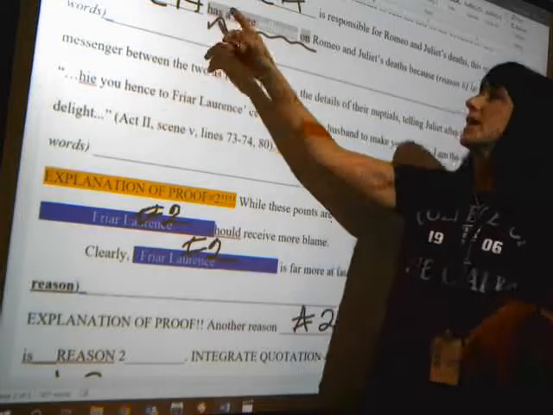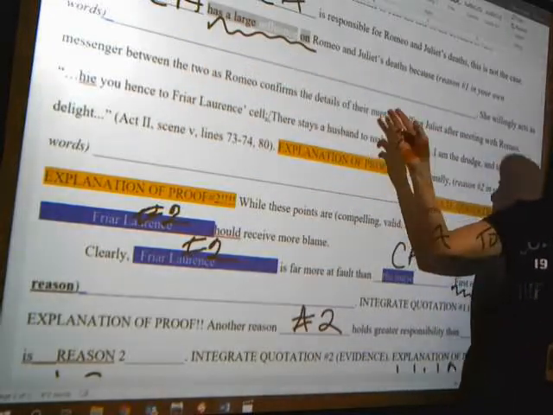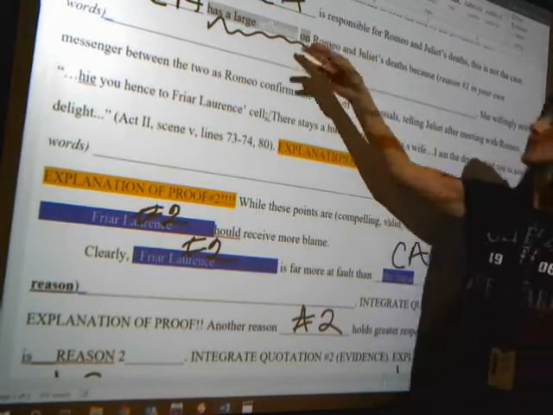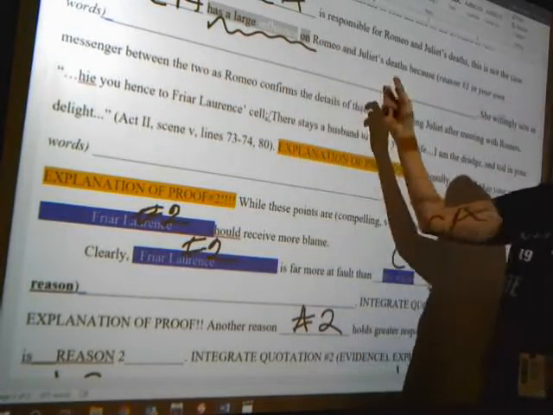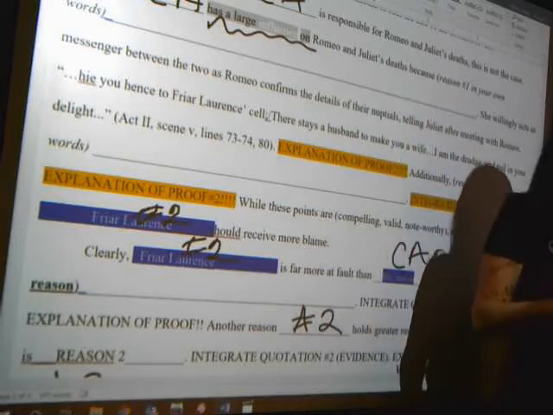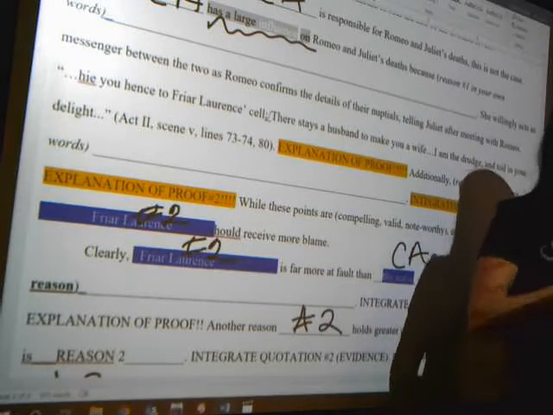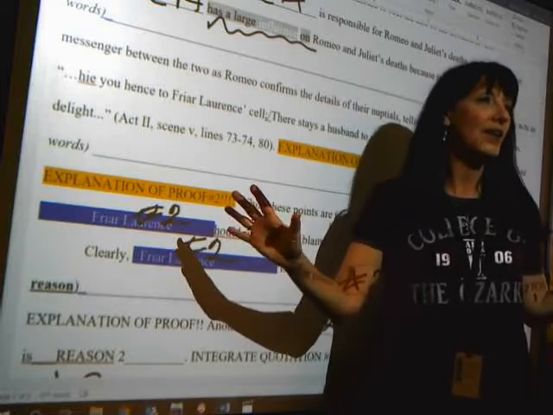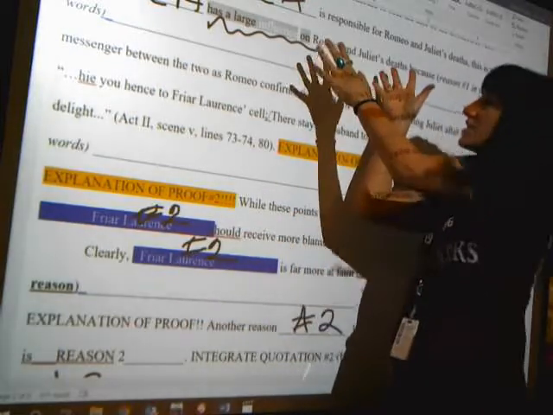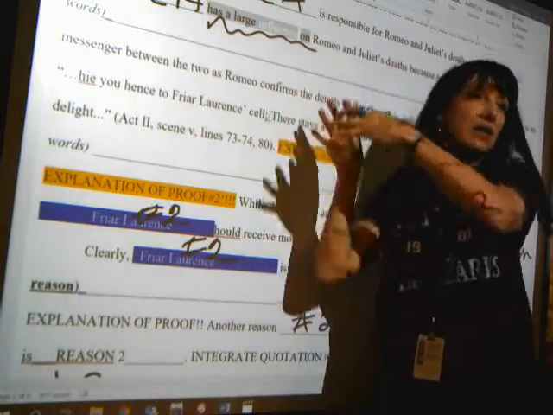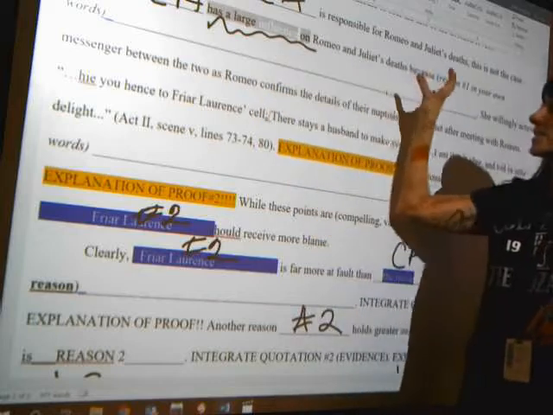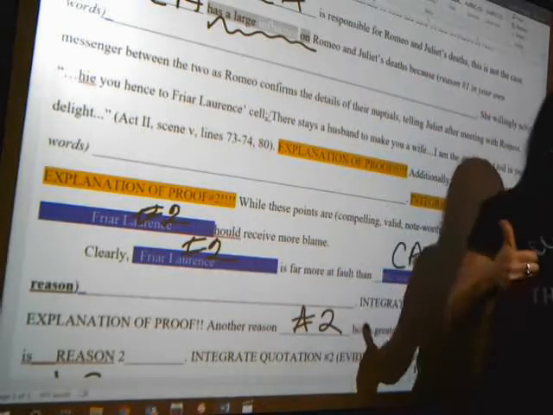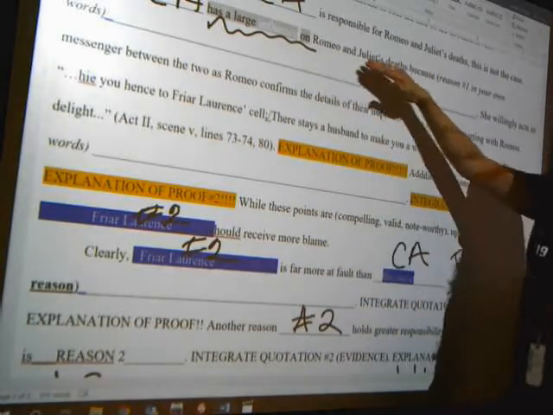Admittedly, the nurse plays a major role in Romeo and Juliet's deaths. Some of you asked me before, can I say the deaths of Romeo and Juliet? Yes, of course you can. I am not locking you in a cage and saying you can't play with this a little bit, okay? Whichever way rocks your canoe is fine with me, okay?